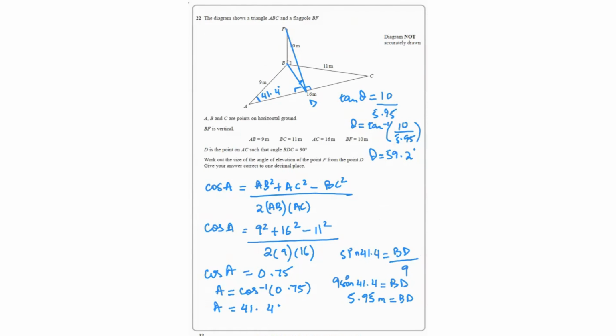And with that, we're done with the questions for angle of elevation and depression. As you can see in this video, we talked about SOH CAH TOA, which is the basics of trigonometry. Then we shifted to the sine rule and then to the cosine rule. For angle of elevation and depression, you can get different types of trigonometry questions.